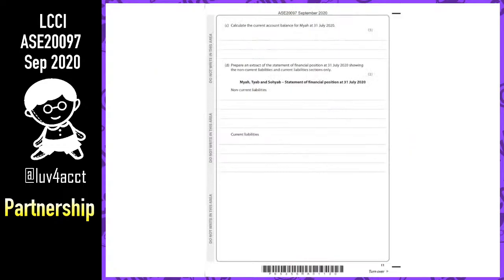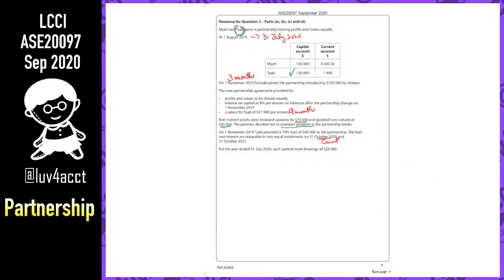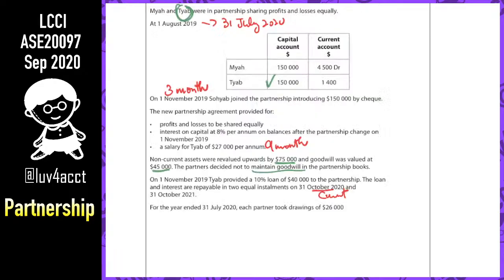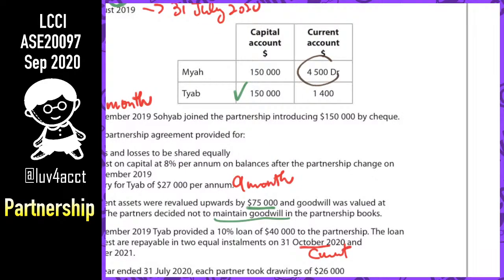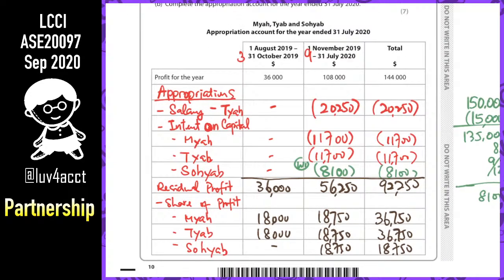So next one, calculate for partner M how much would be the balance of the current account? Again, concept first. Originally we have 4,500 debit. That means negative. Be careful, negative 45,000, and then all the current account entries. We will have first of all the appropriation items.